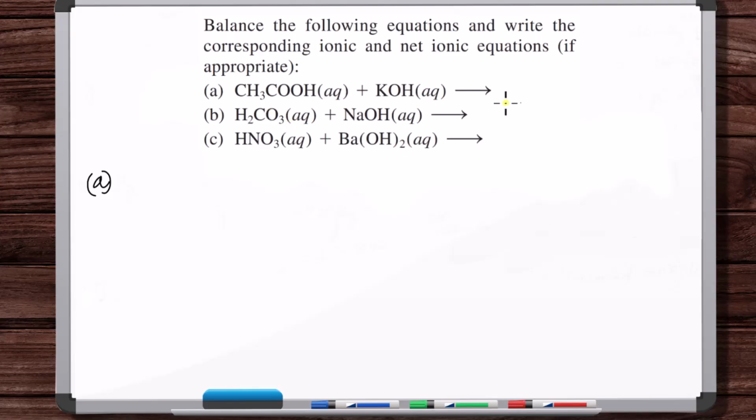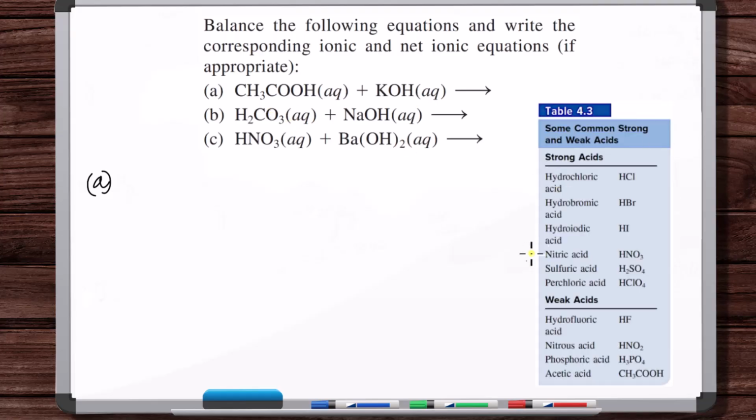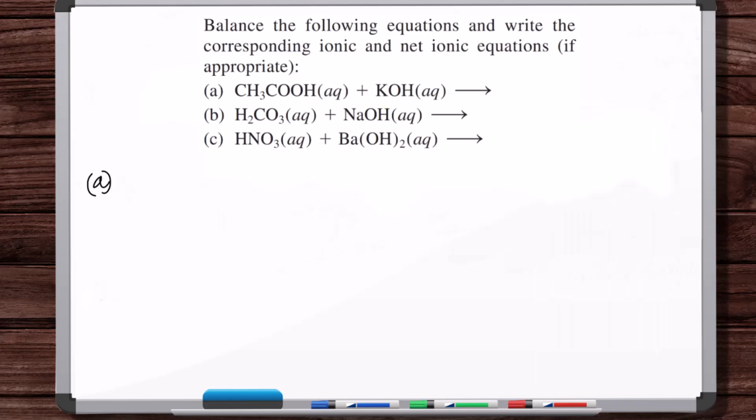Even though acetic acid is a weak acid, and this is an ionic compound that's obviously soluble, they put aqueous, so this is going to be a strong base. For the molecular equation, we just write it out. We don't dissociate anything, no matter what.